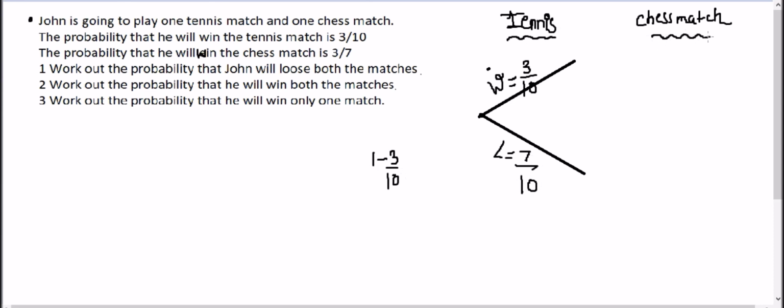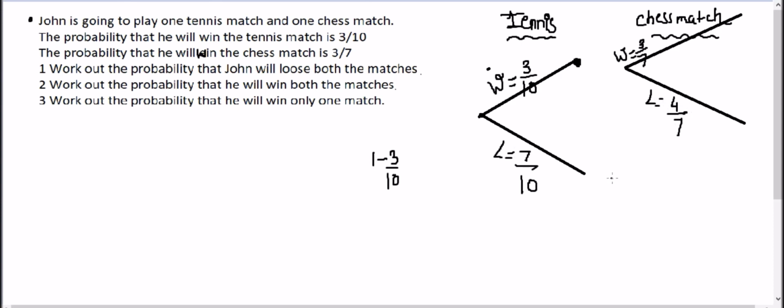Now it's time for the chess match. If he wins the tennis match, then there are two possibilities for the chess match. Either he can win or he can lose. For winning, the probability is given as 3 by 7. And if he loses that match, it will be 1 minus 3 by 7, which is 4 by 7.